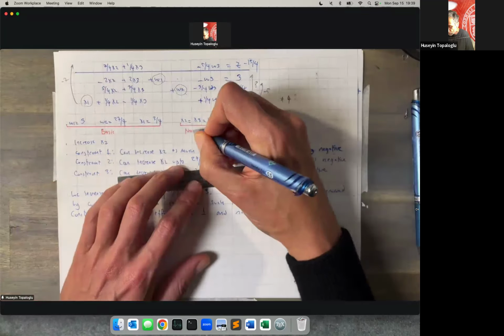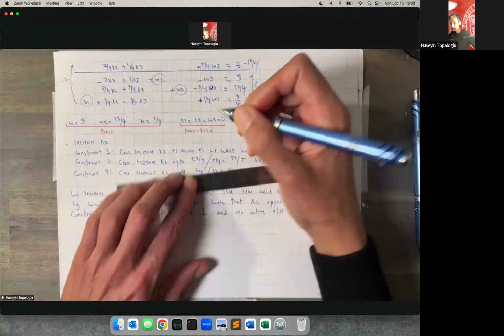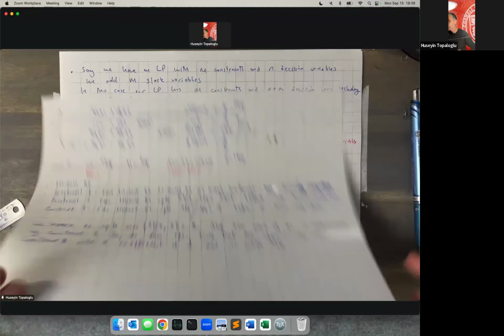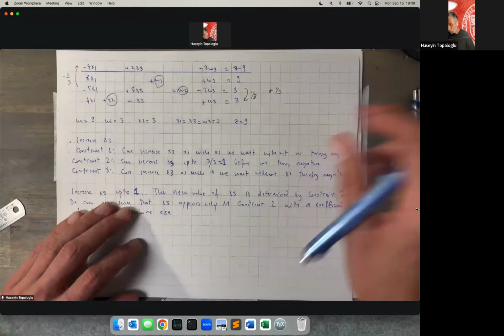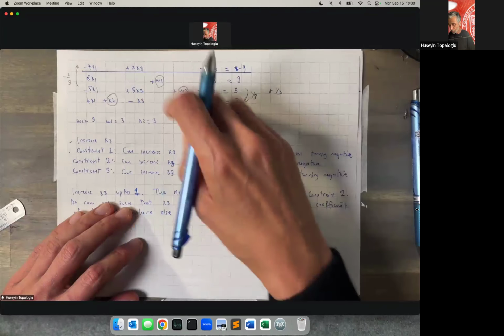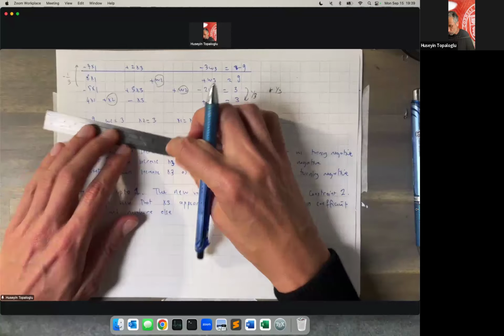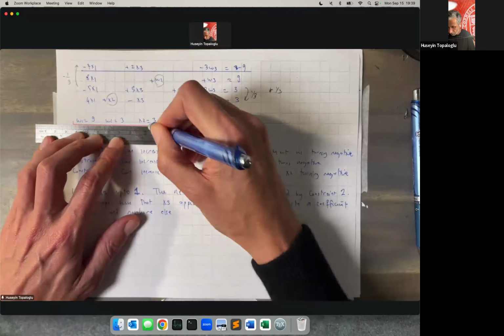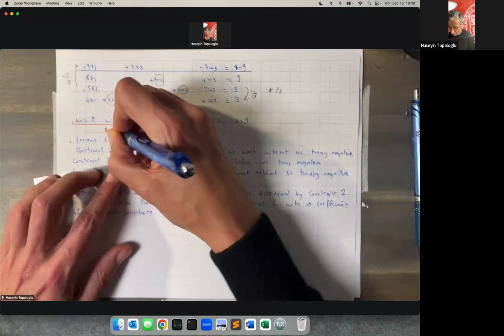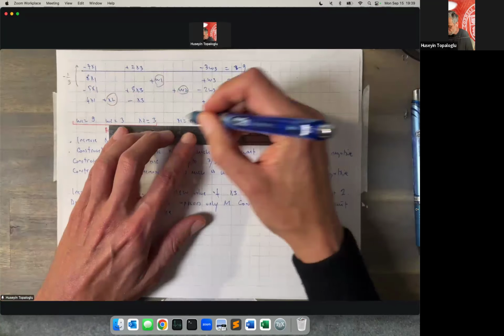Non-basic variables always take value 0. Good. Let's do one more iteration if you like. Let's look at the third iteration. What are my three decision variables, each appearing in a different constraint row with a coefficient of 1? W1, W2, and X2. Those are basic, and these are non-basic.